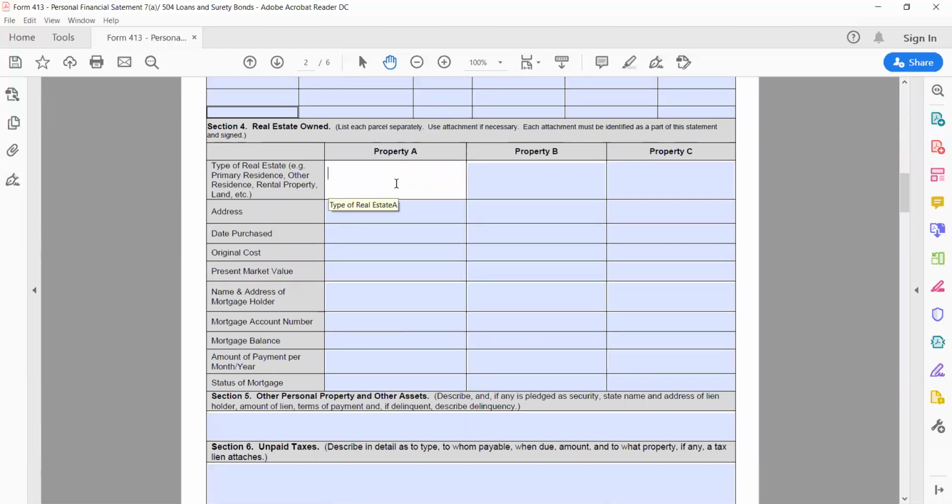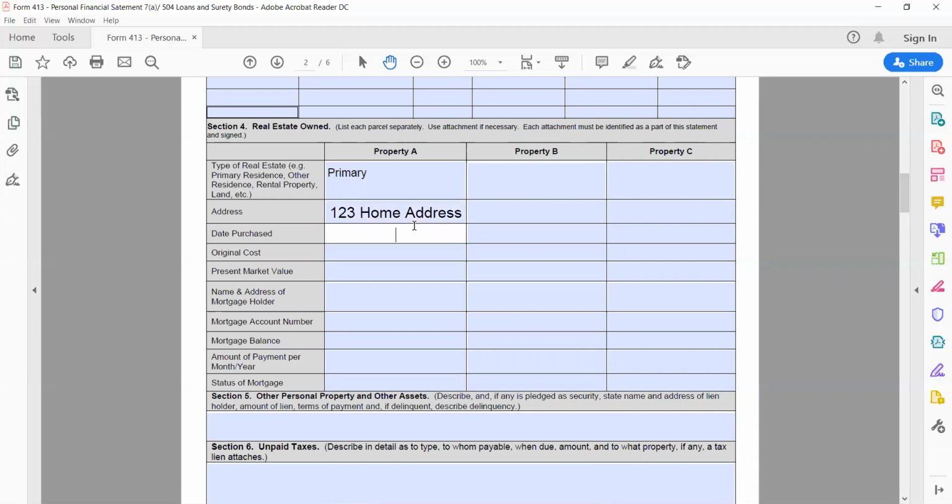Real estate owned. If I own properties, my primary residence, rental property, land. What is it? Vacation home, second home. Home address.